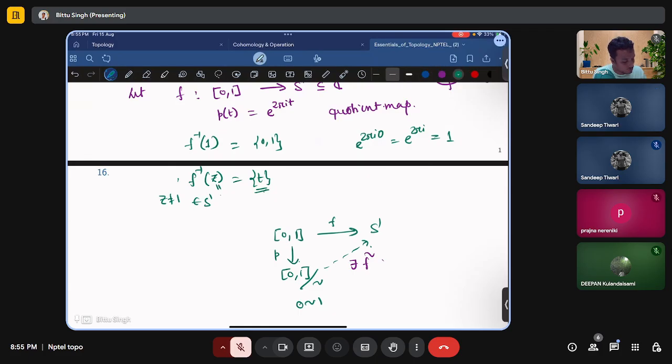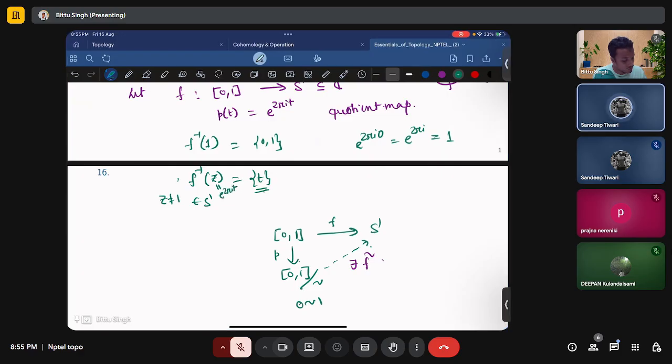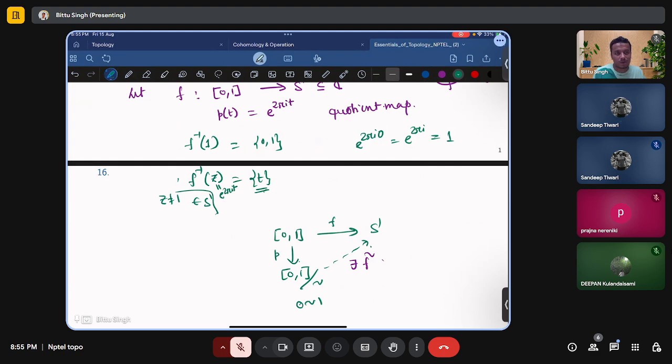So z is e to the power 2 pi it in the quotient, there is only singleton, other singleton elements. T identified with t. I am not writing all those trivial relations. So this f tilde becomes a homeomorphism. The theorem says this 0, 1 modulo the relation is nothing but the circle.